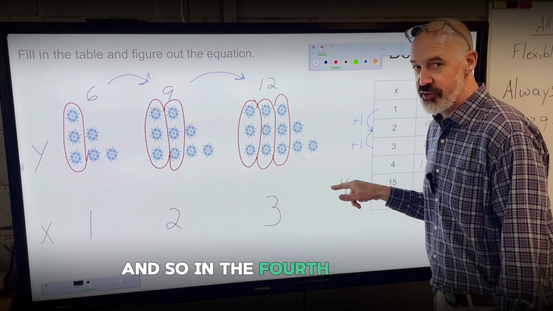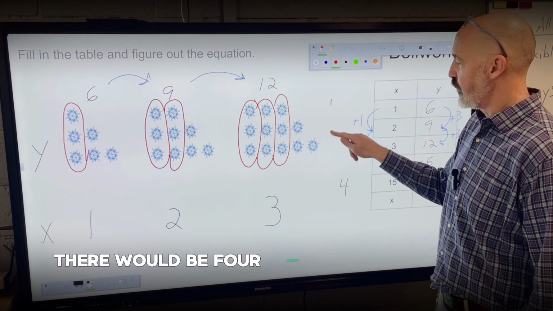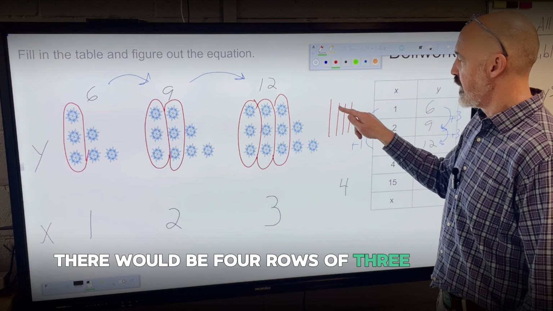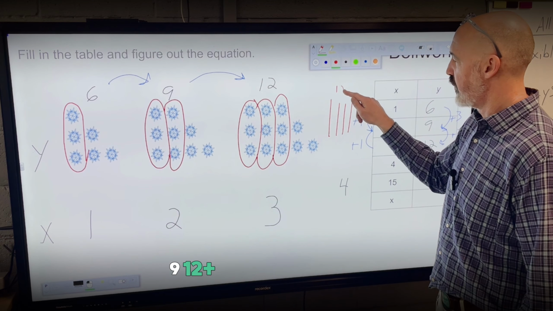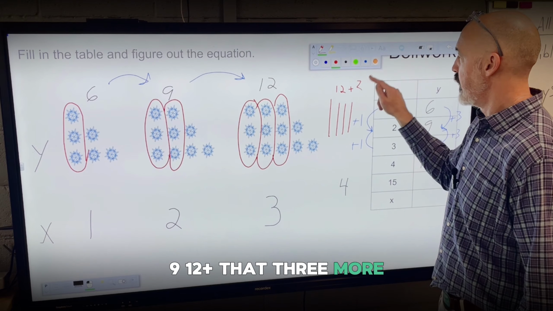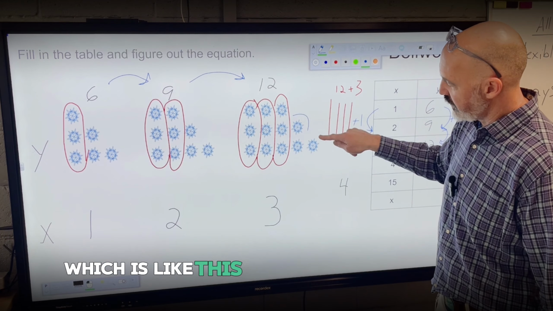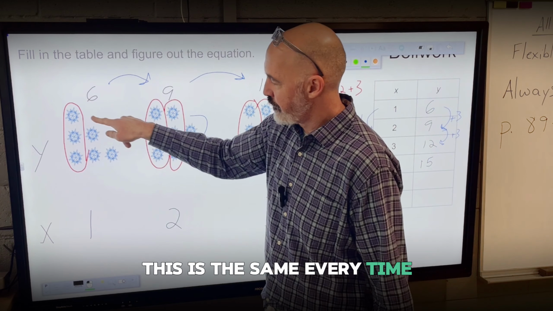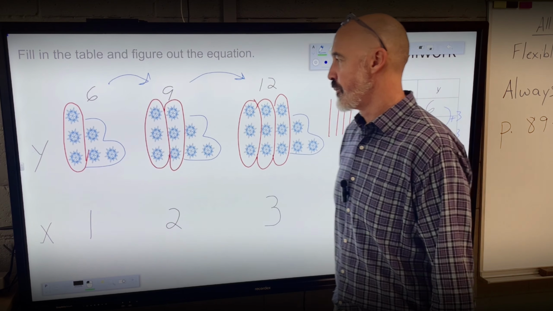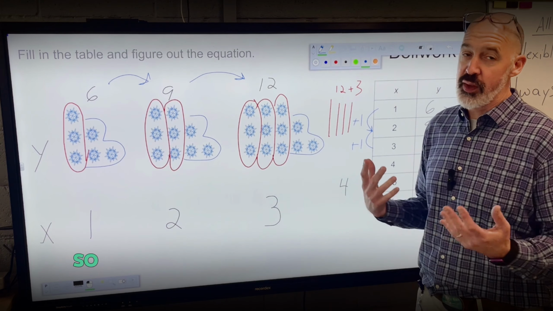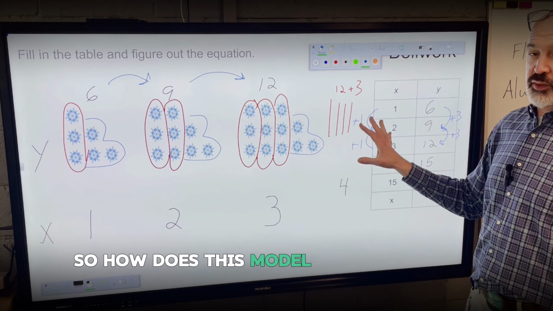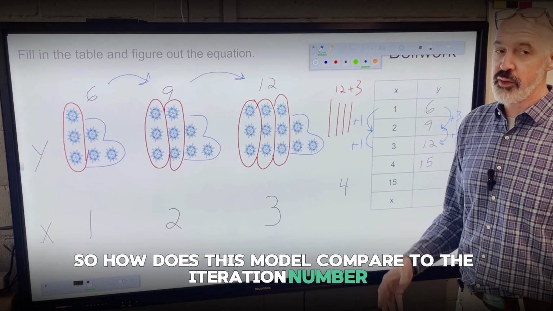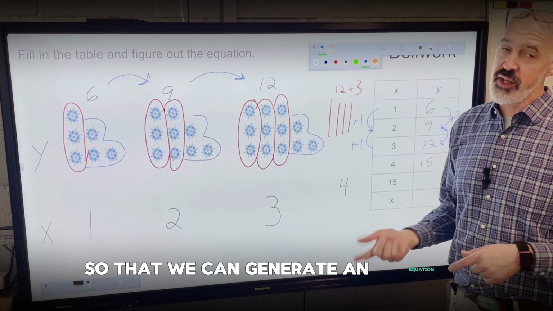And so in the fourth iteration, there would be 4 rows of 3. So 3, 6, 9, 12, plus that 3 more, which is like this little triangle out here. This is the same every time. It's not changing.